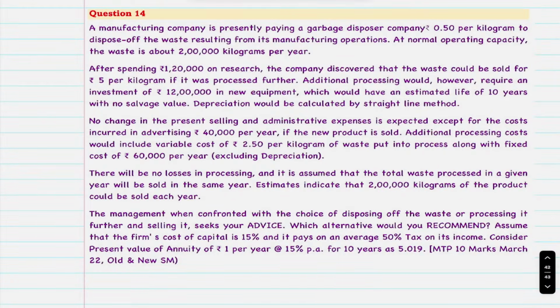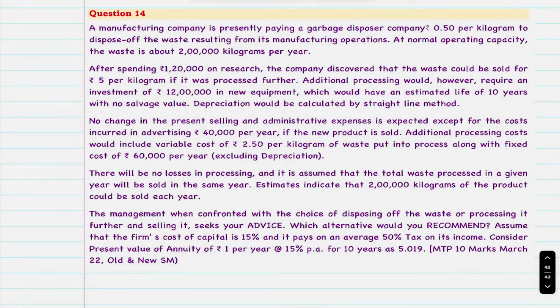A manufacturing company is presently paying a garbage disposal company rupees 0.5 per kilogram to dispose of the waste resulting from its manufacturing operations. At normal operating capacity, waste is about 2 lakh kilograms per year.